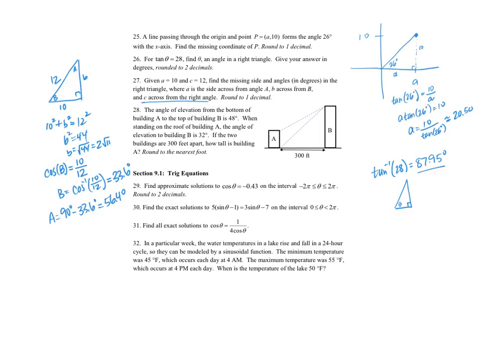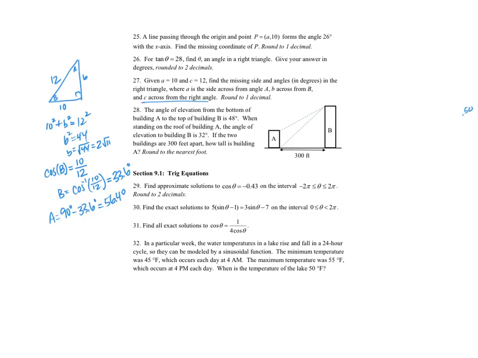Okay, so on the next one, I'm given a figure here, and I know the angle of elevation from the bottom of building A to the top of building B is 48 degrees. So let's label that on our picture.